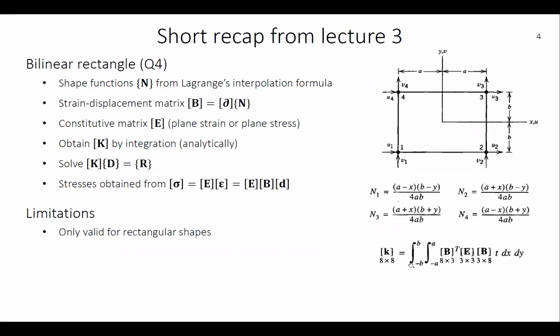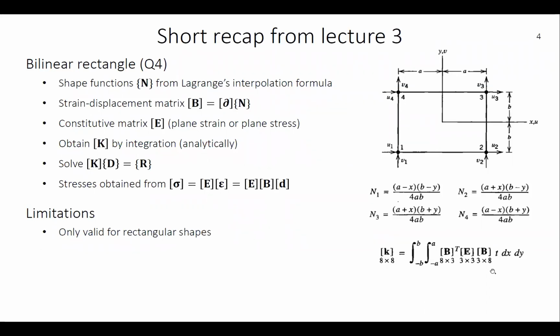Well, the notation in the book is small k here for the local stiffness matrix of one element. So it's a double integration over x and y bounded by minus b to b and minus a to a, of B transpose E times B, multiplying with a thickness for plane stress problems.